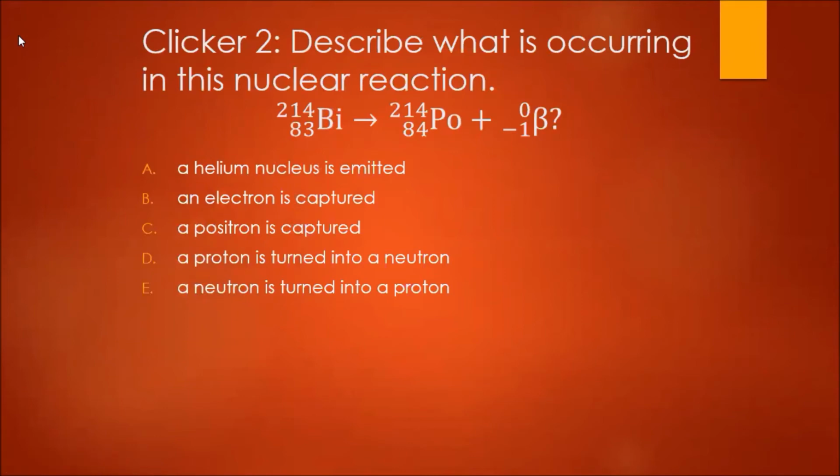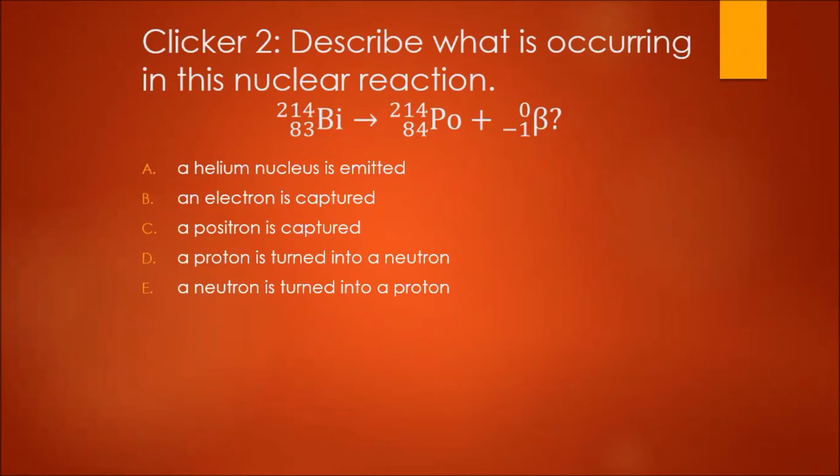So, describe what must be occurring in this nuclear reaction where bismuth goes to polonium and forms that. This one's a little bit harder.